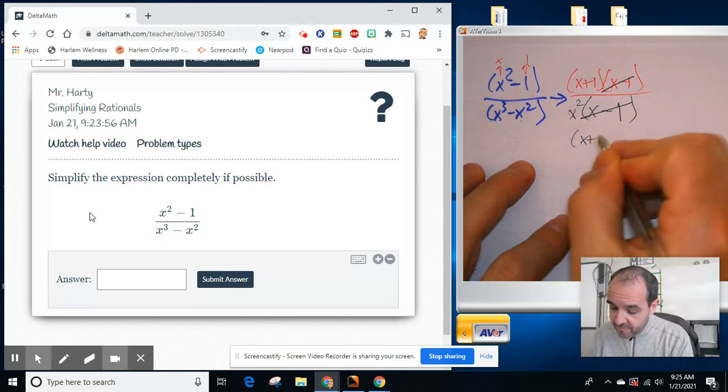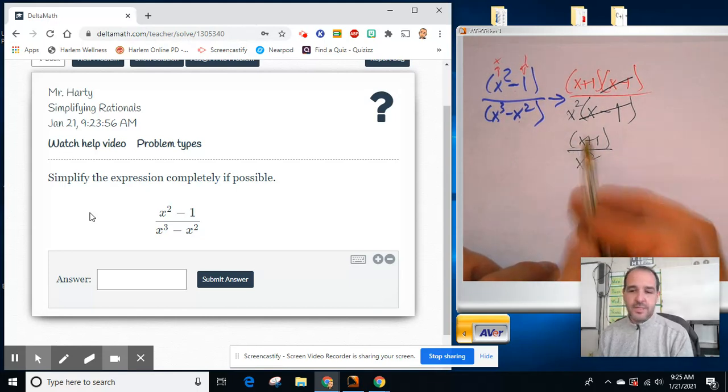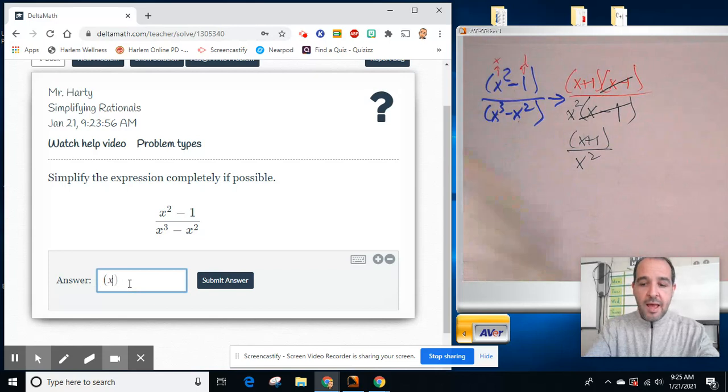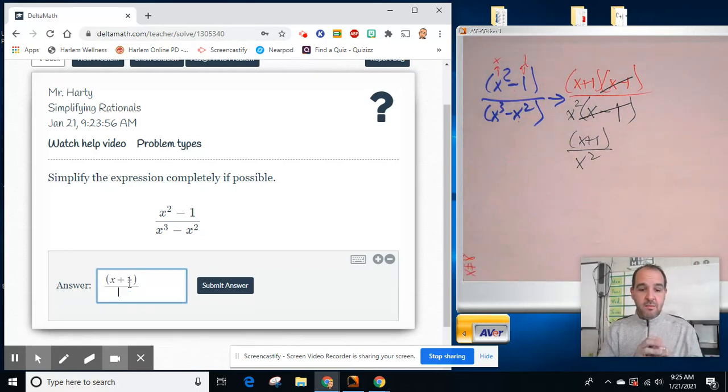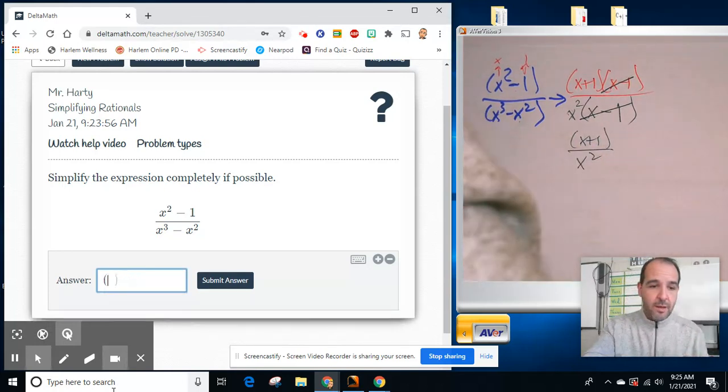Once you've factored, now you can cancel stuff if it's identical. But be careful. If you don't put the parentheses, I'm telling you, you're going to try and reduce these. You can't do that. So here, x plus 1 divided by x squared. Now let me show you something when you're typing in answers, how this can screw you up even more if you don't use parentheses. I'm going to back up.